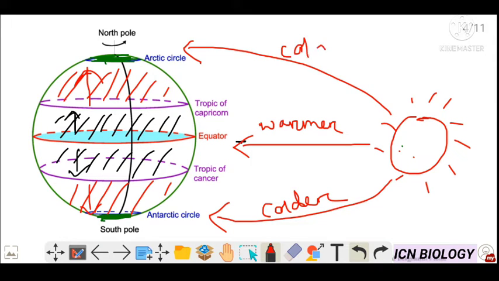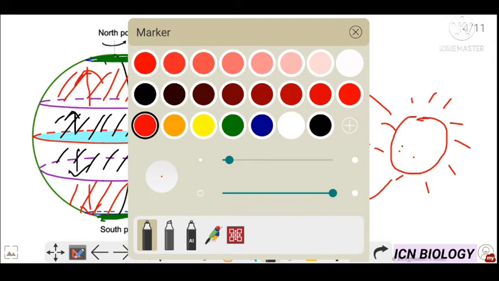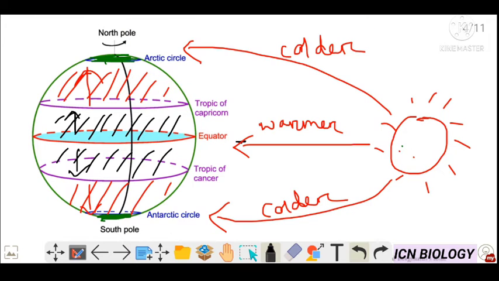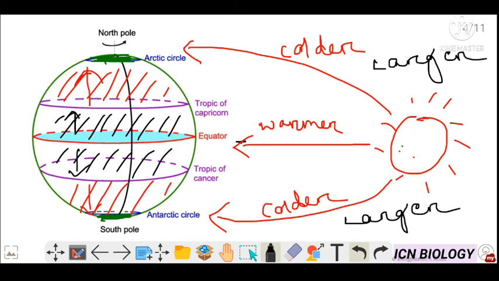And according to Bergman's rule, the organism present in a colder region is larger in body size, whereas the organism present in a warmer condition is smaller in body size.